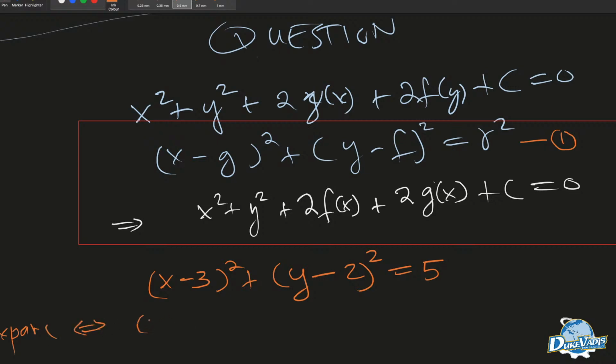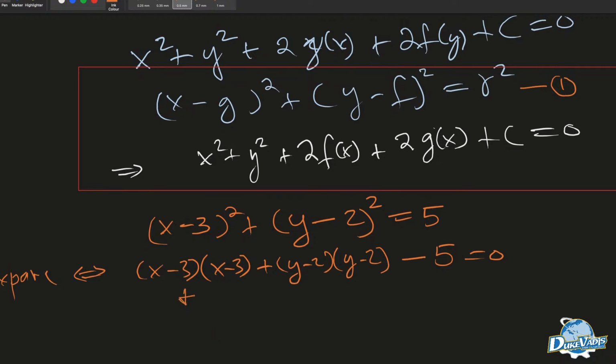We have x minus 3 in the bracket times x minus 3 plus y minus 2 times y minus 2, and minus 5 is equal to 0. Are we on the same page?